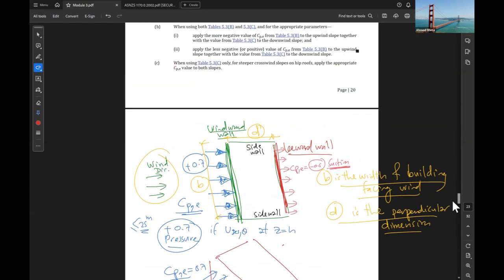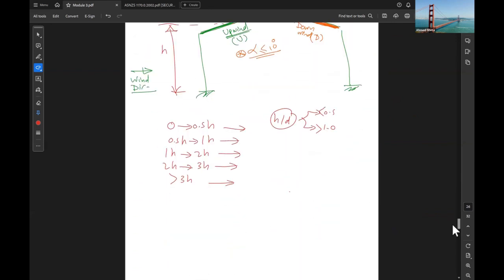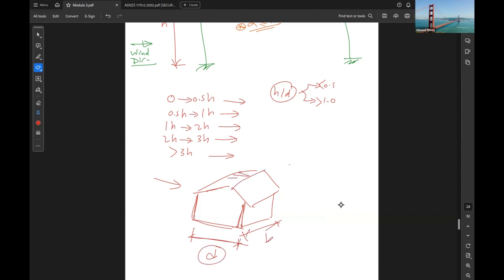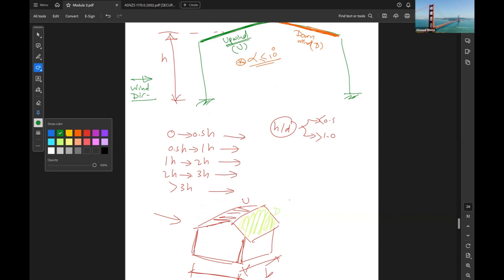So for example, here, if the wind is coming from here, this will be D. This is B, and this is D. And this is upwind, and this is downwind.